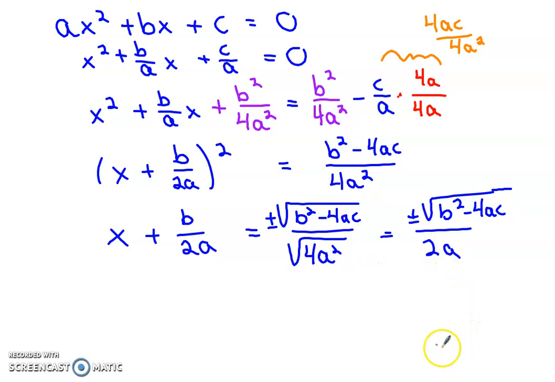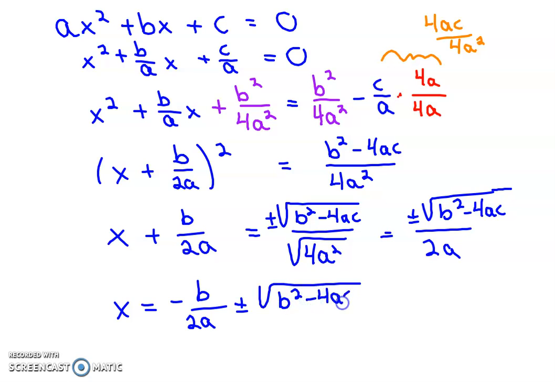So you'll notice that now I have x plus b over 2a equals this fraction, which also has a 2a on it, interesting enough. Okay. So now we'll subtract b over 2a from both sides. We'll get x equals negative b over 2a plus or minus the square root of b squared minus 4ac, that was this mess up here, all over 2a.